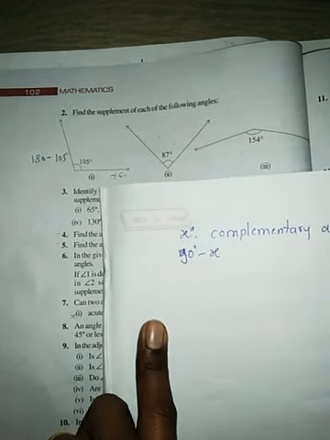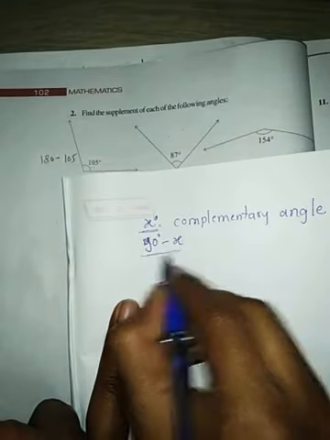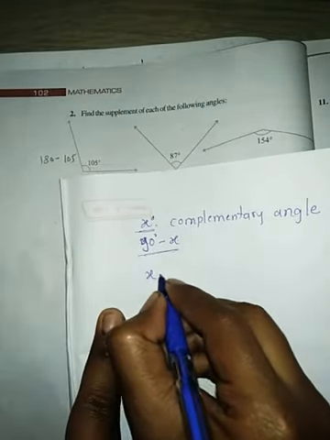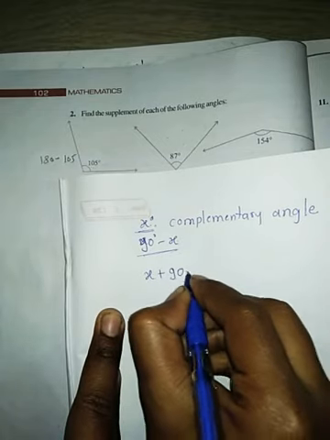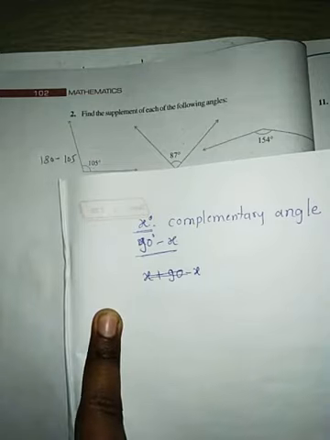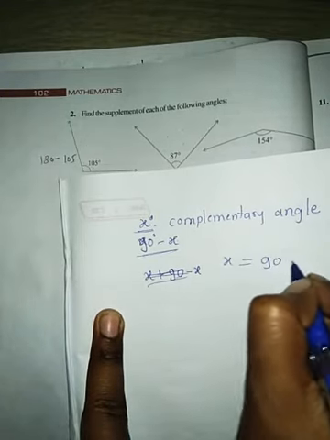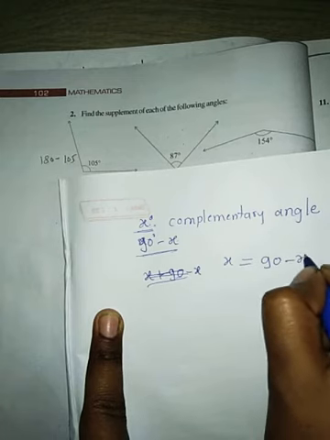Now what you have to do? Find the angle which is equal to its complement. Equal to its complement means the angle x is equal to its complement. So x is equal to 90 minus x.